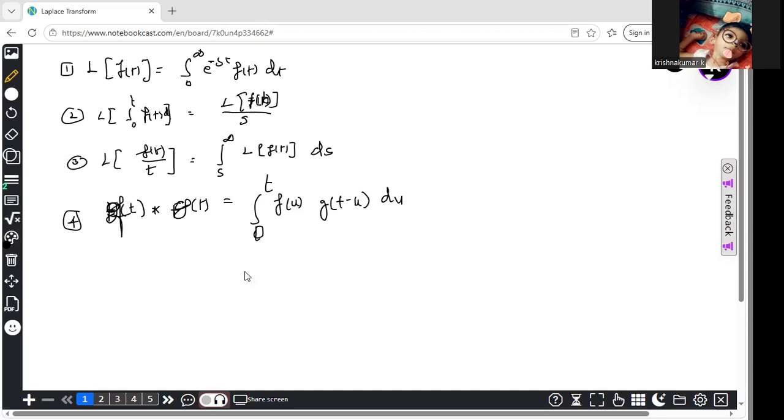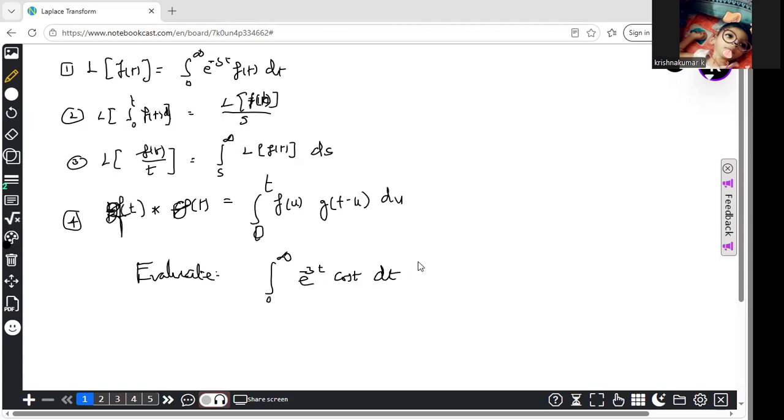Now for the application, sometimes they will ask like this: evaluate the integral from 0 to infinity of e power minus 3t cos t dt.